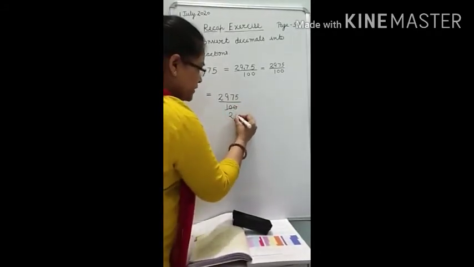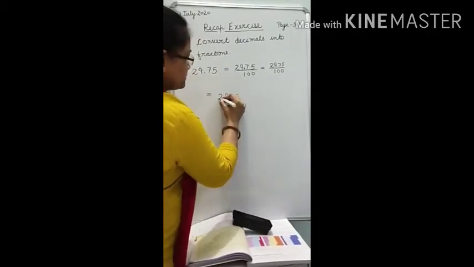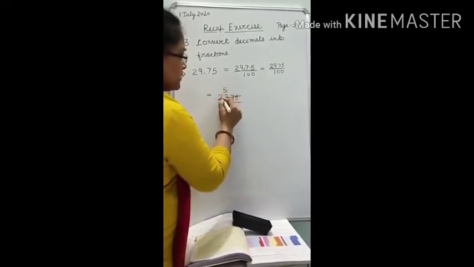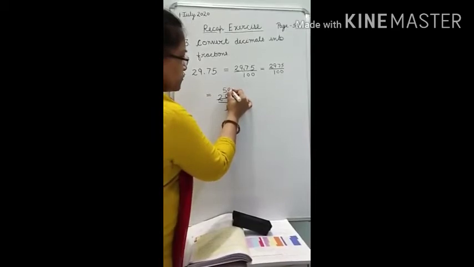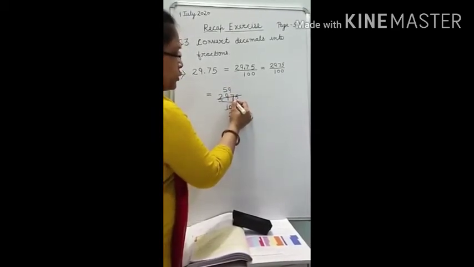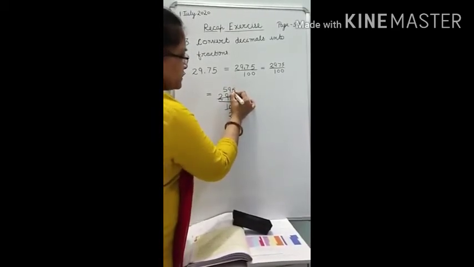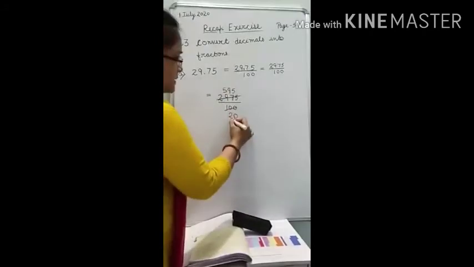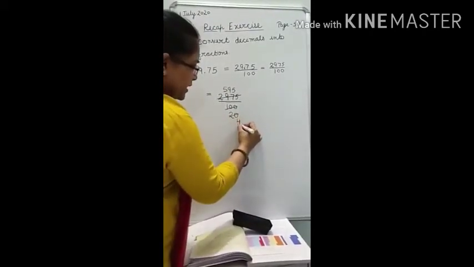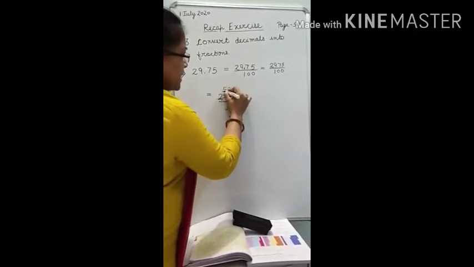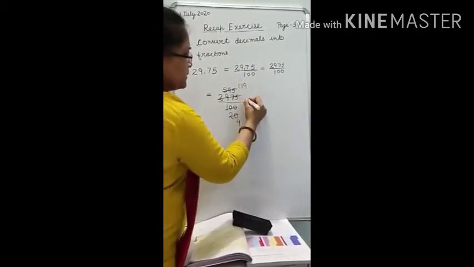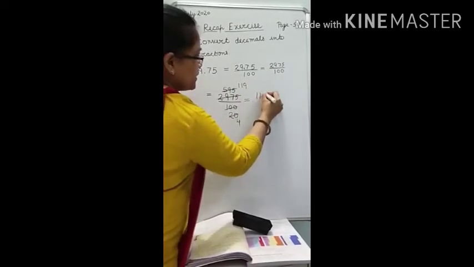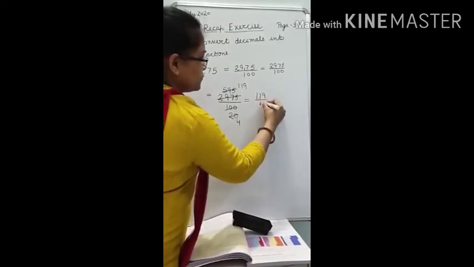So cancel it by 5. 5 5s are 25. 4 will be remaining. 4 7 47. 4 9s are 45. Then 2 is left. 2 5 is 25. Now again these two numbers can be divisible by 5. 5 4s are 20. And this will be 119. Now the lowest form is 119 by 4.